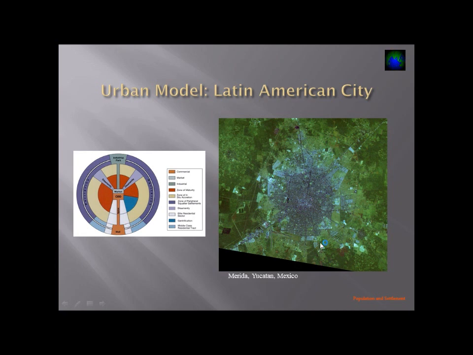You can slightly see it in this Landsat thematic map or image. Here's the airport, central business district, which started as a mercado. And I would note that this is a grid-like pattern. Grid-like pattern is associated with European colonial powers. The colonizers, originally the indigenous folks of this area, the Maya, would have had what we call an organic street pattern, which follows the natural terrain of the land, is not gridded out.